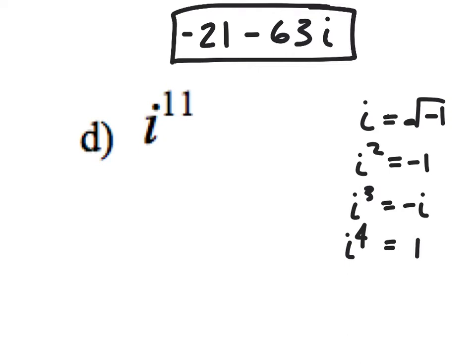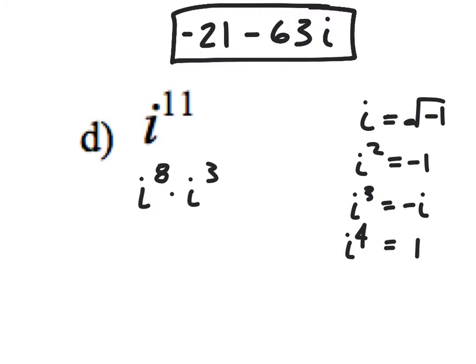So let's think about what we can do here. What I want to do is split this up. I want to rewrite i to the 11th. I want to get something with an i to the 4th. So I'm going to do i to the 8th, and I'm going to multiply that by i to the 3rd power.